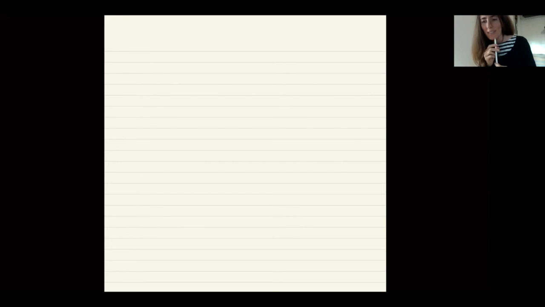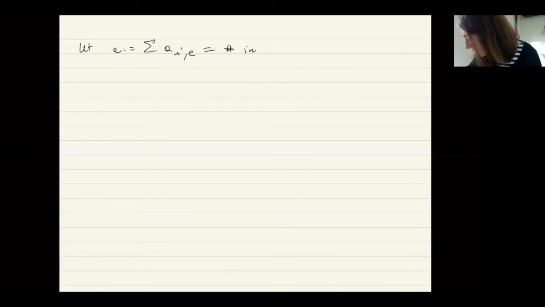Any other questions? All right, so now I just wanted to remind you what we are doing. We wanted to define a torus action. We haven't done it yet, so that's what I'm going to do now. Let me call A the number of indecomposable summands, which is the same as the sum of all the multiplicities a_{i,l}. This is also the number of connected components of the graph, the segments in Q_M.